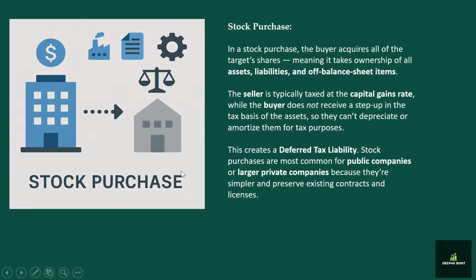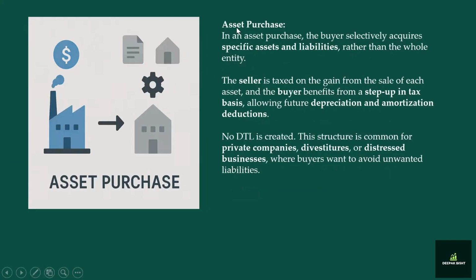One was stock purchases, the other is asset purchases. In this kind of deal, the buyer picks and chooses which specific assets it wants to buy, like equipment, buildings, and brand names, and which liabilities it's willing to take on, like specific debts or contracts, and the rest stays with the seller.